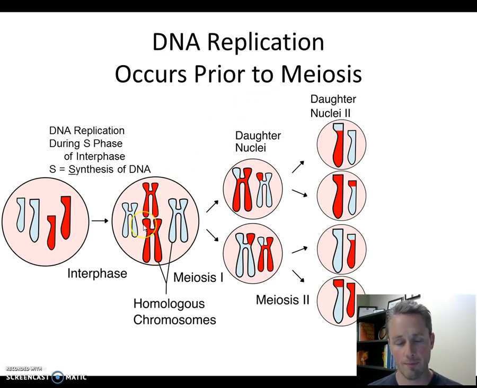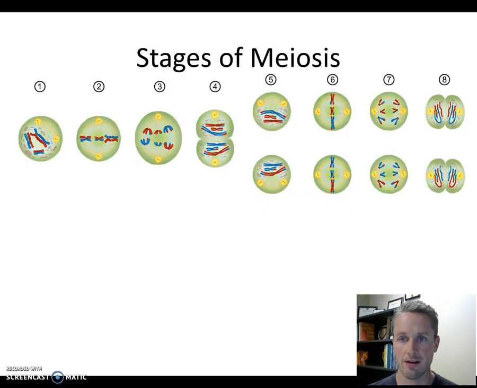So now, remembering those details, we can discuss the steps of meiosis that result in producing these 4 genetically different gamete cells. All right, so what are the stages of meiosis? Again, all of these names are going to sound very familiar after learning about mitosis. We're going to go through 8 steps that I've shown here.